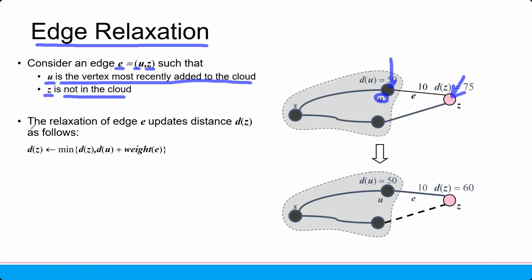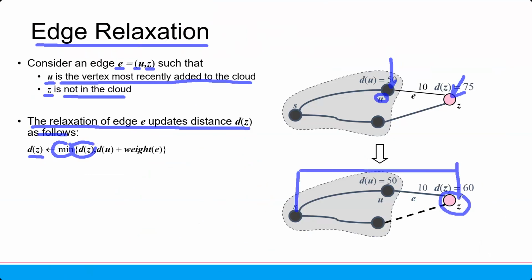The relaxation of edge (u,z) updates the distance of z as follows. The distance d(z) is the minimum of d(z), the current distance from the starting point to z, and the distance from s to u plus the distance from u to z.